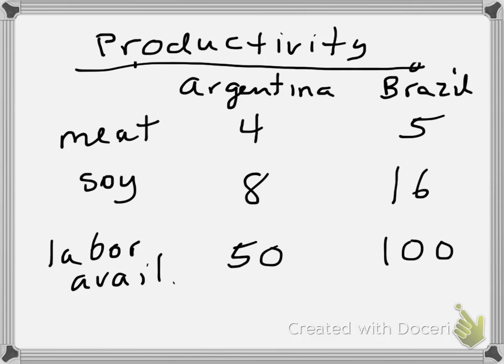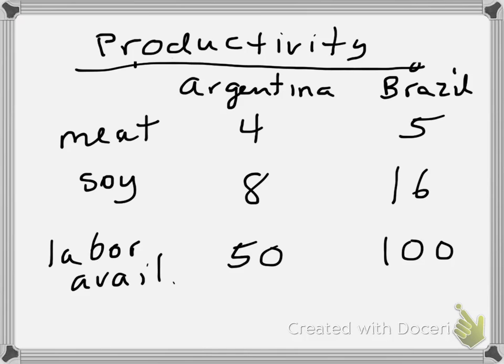So it's the productivity. In Argentina, one worker produces 4 tons, the units don't matter, 4 tons, let's say, of meat, or 8 tons of soy, whereas in Brazil, one worker produces 5 tons of meat and 16 tons of soy. So Brazil is more productive in meat.